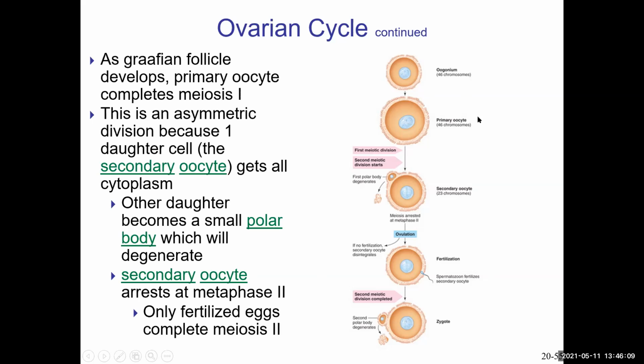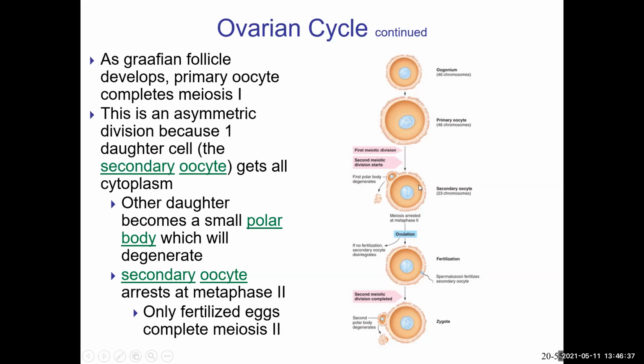But in the egg, what happens? You see here, in the egg, there is first meiotic division and second meiotic division. The first meiotic division is completed now with the primary oocyte. Once it completes here, it forms the secondary oocyte.